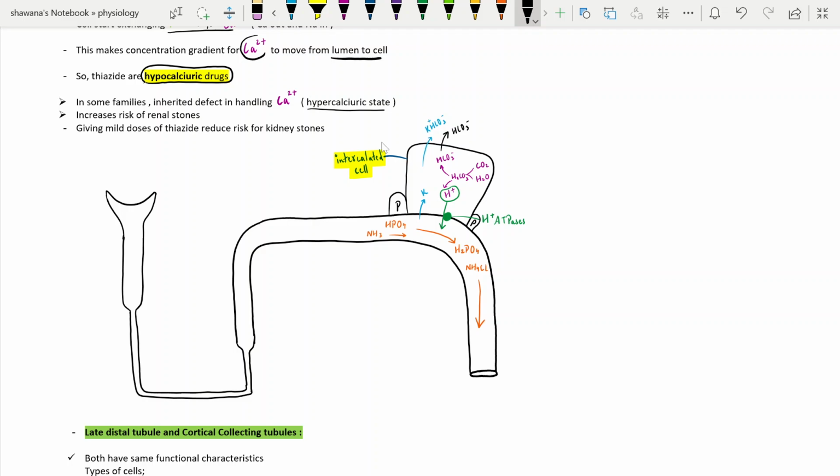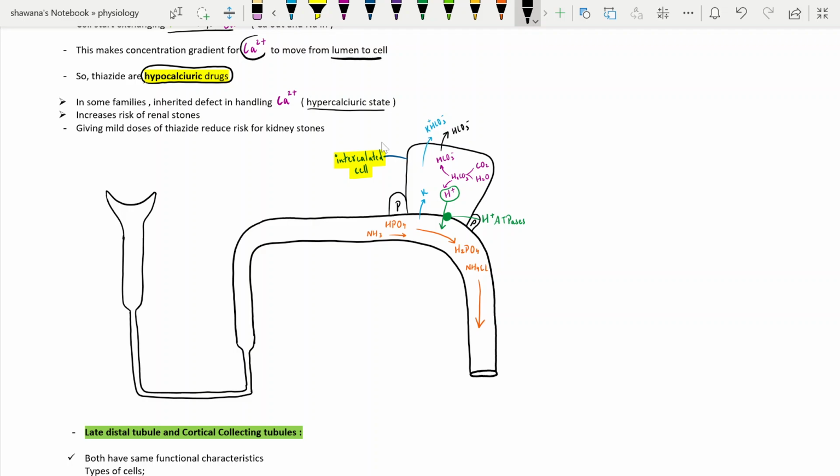No, it's not, because when calcium passes through the nephron, it increases the risk for the formation of kidney stones, urolithiasis, nephrolithiasis. Is it good news? No, it is not. So in those patients or families, we can give a mild dose of thiazide. The mild dose of thiazide will reduce the risk for kidney stones.